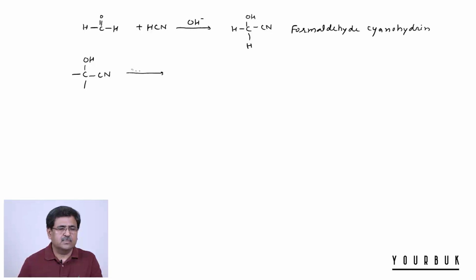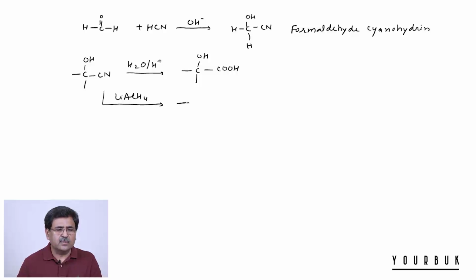On hydrolysis in acidic medium, the CN group can be changed into carboxylic acid. And if you are using a reduction with a metal hydride, for example lithium aluminum hydride, this cyanide group can be changed into a primary amine. This is called primary amine.